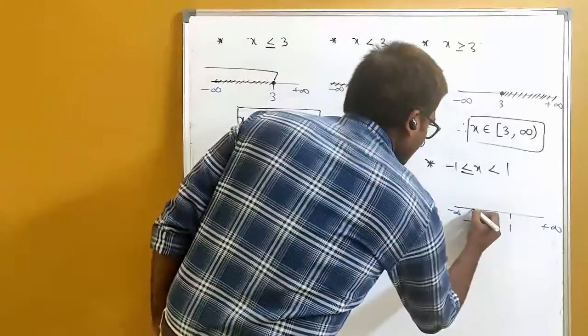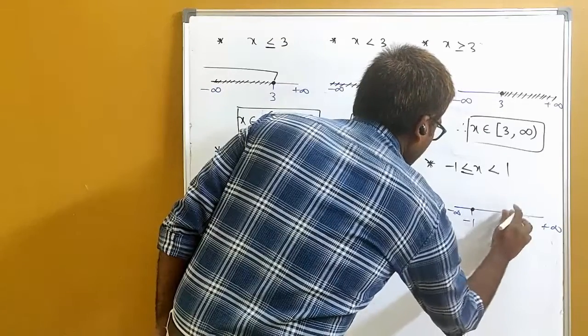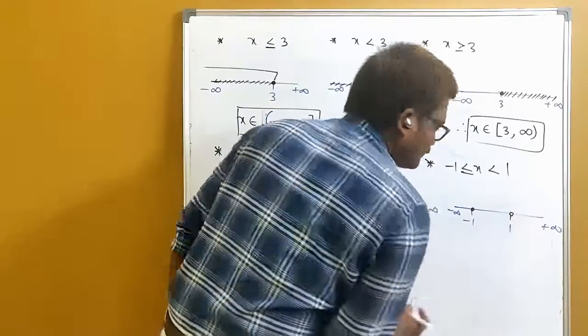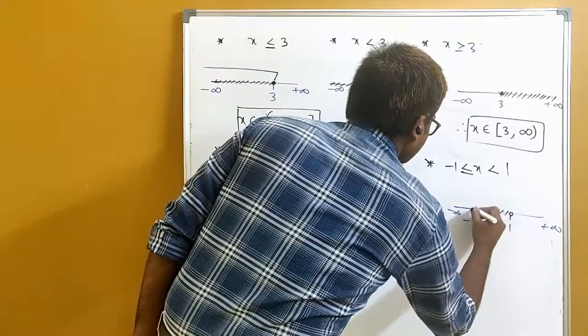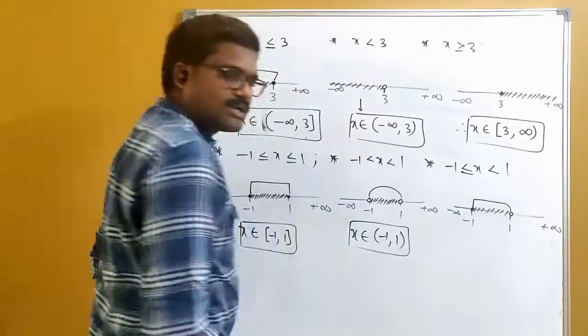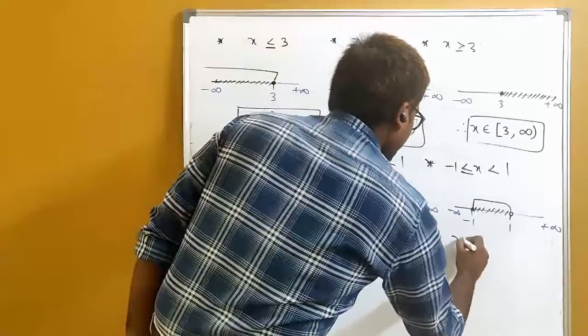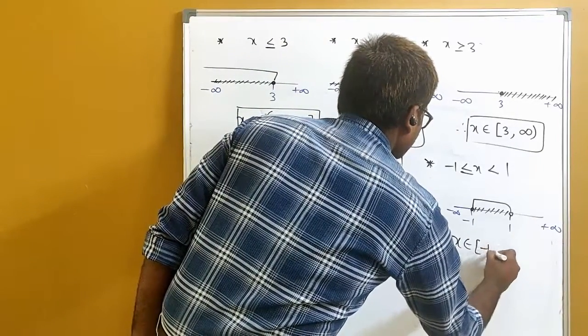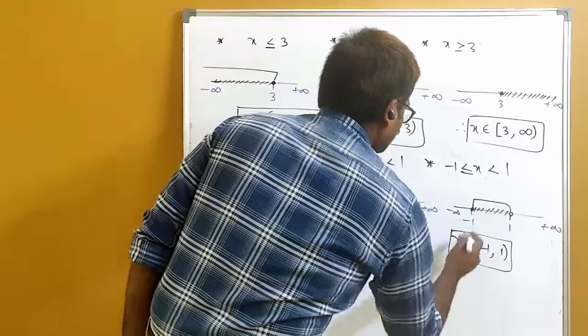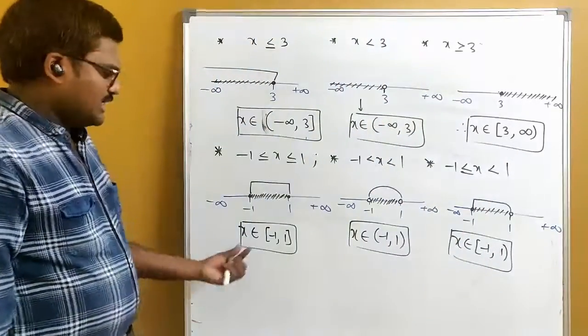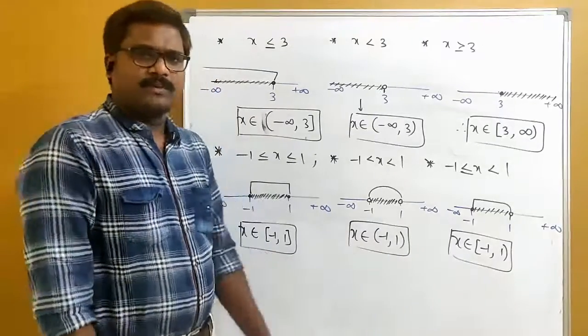So which means that put a dot at minus 1, a bubble at 1. Is it clear? So it is something like this. Correct? So can I write it like this? X belongs to closed at minus 1, so I am using this bracket, and open at 1. So this is semi-open or semi-closed. It is closed interval, it is open interval.